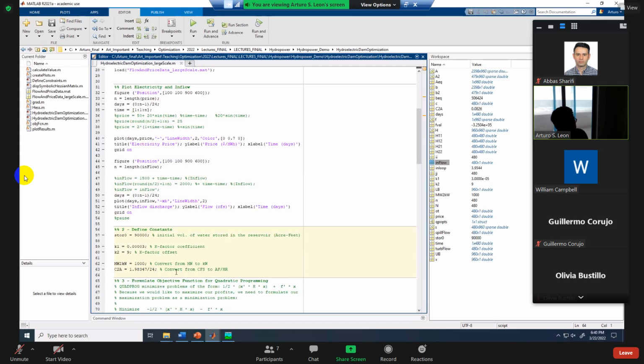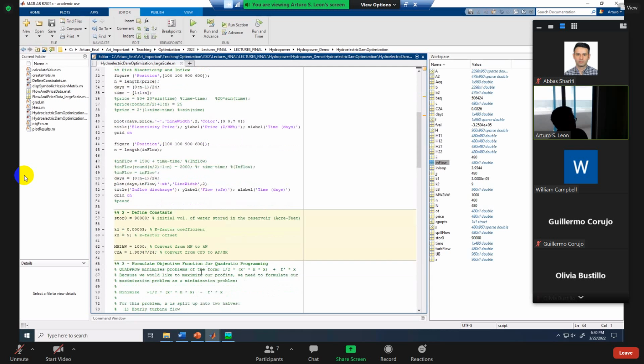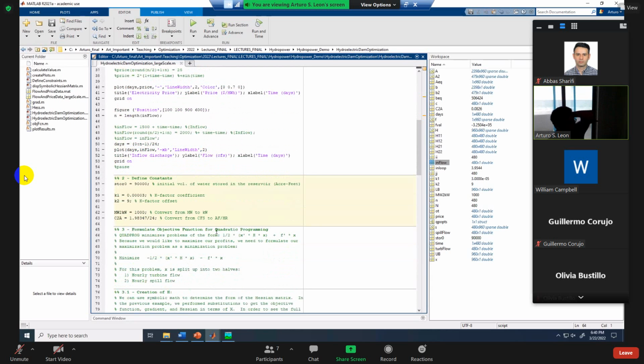This is for converting from CFS to acre-feet per hour. So this is for the storage conversion, right? So I'm using those coefficients. And then, guys, remember, in this case, I am only using quadratic programming. Why? Because quadratic programming is more efficient, right? We have found in the previous simulation that quadratic programming is more efficient in terms of computational time.